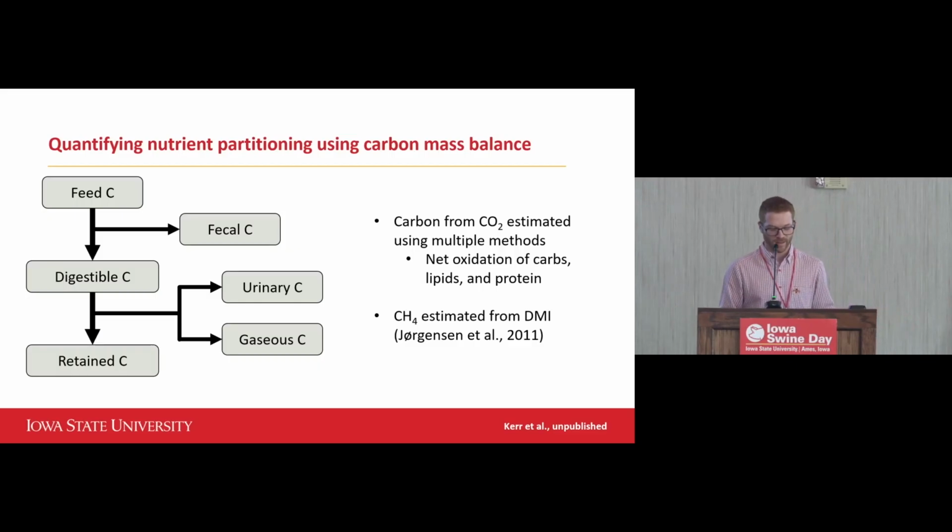It's a complicated method, but we felt that it relates basically to indirect calorimetry methods. And then, although much smaller than ruminants, there is some methane loss in pigs. Ultimately, we just used a published equation for that from Jorgensen et al. and related it back to dry matter intake.